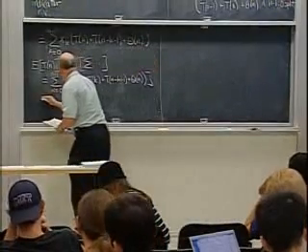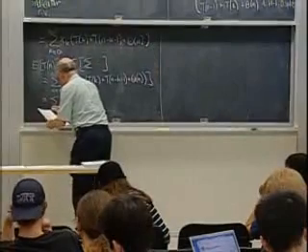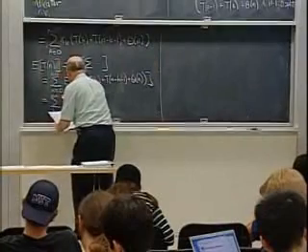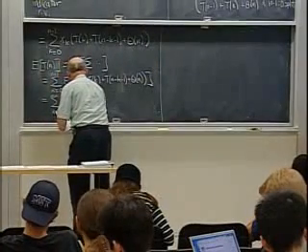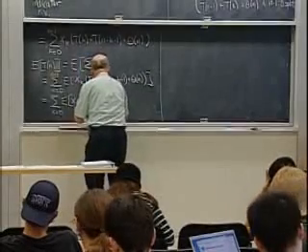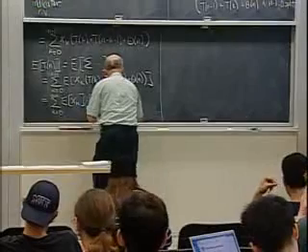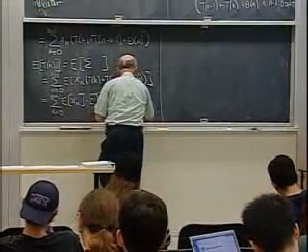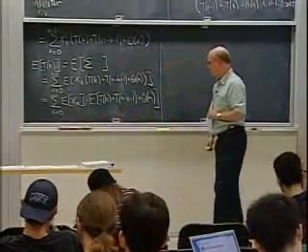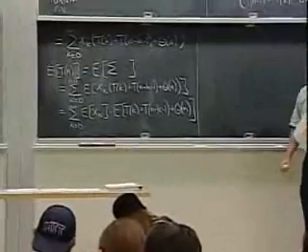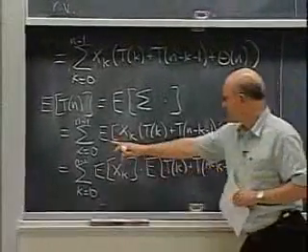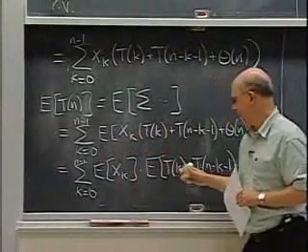Okay. So that's equal to now the sum of k equals 0 to n minus 1 of expectation of x sub k times the expectation of T of k. So why is that true? What I've done is I've said the expectation of the product is the product of the expectations.